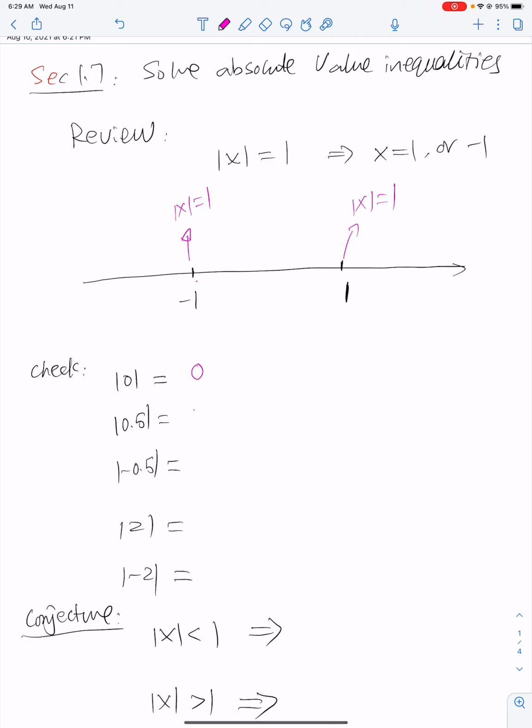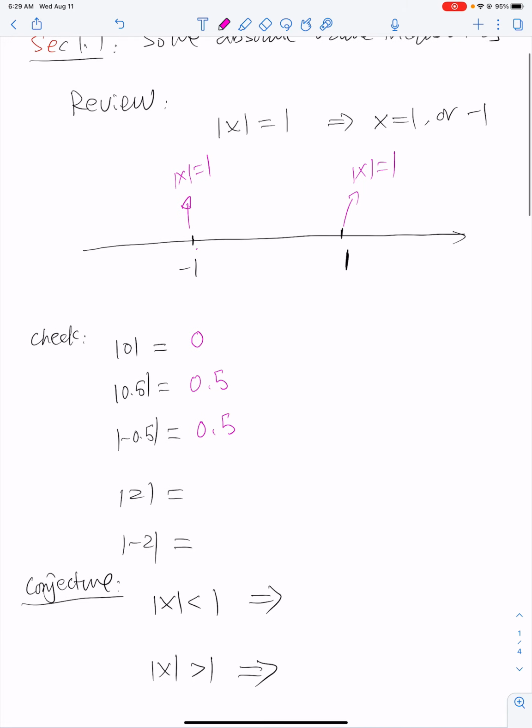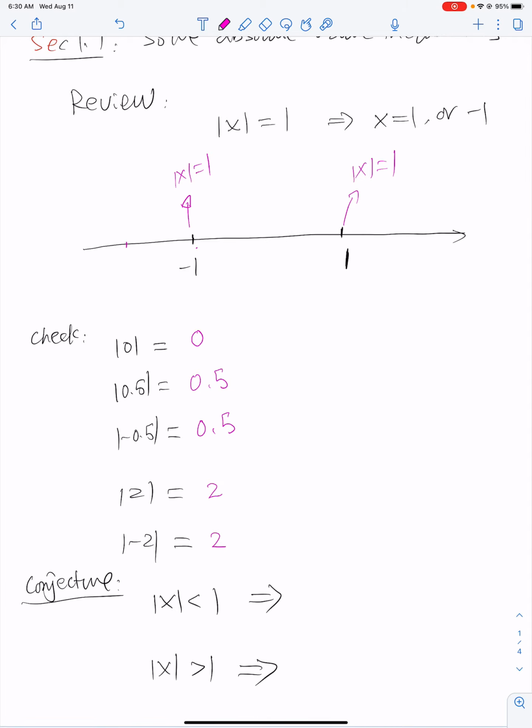Absolute value of 0.5 is also 0.5. What is the absolute value of 2? 2. What is the absolute value of negative 2? Also 2.